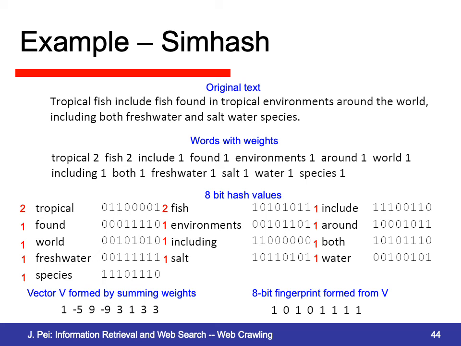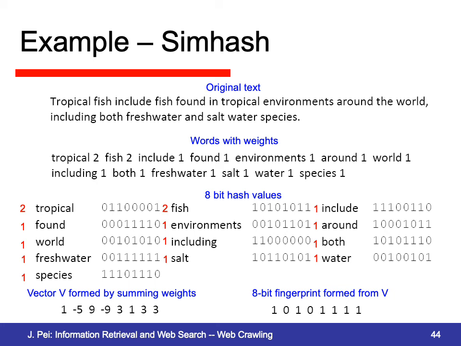Freshwater 0, so minus 1, minus 5, and then species 1, so we add 1 here, so minus 4, and fish 1, so we take the weight, so it becomes minus 2, and 0, because it's 0 here, we subtract the weight, so minus 3, 1 here, so we add that weight, minus 2, 1 here, we add the weight again, minus 1, and then 1 again, now we add the weight, becomes 0.